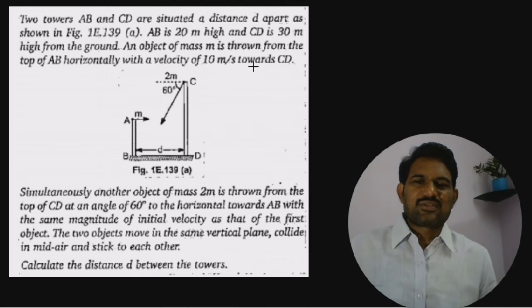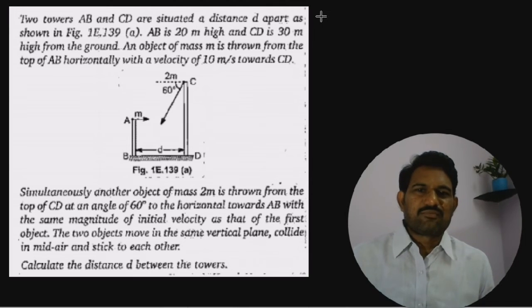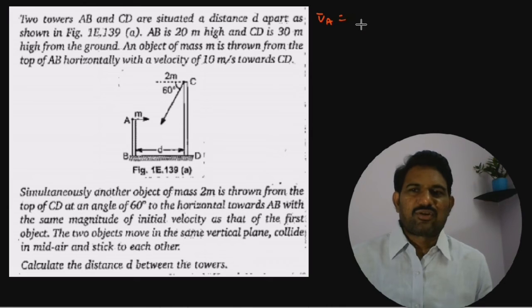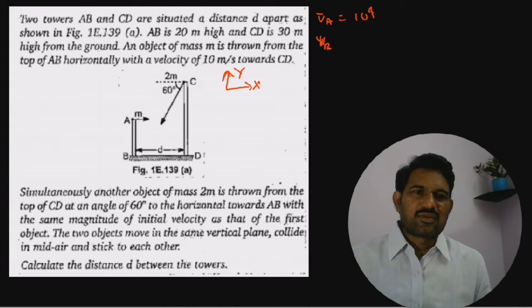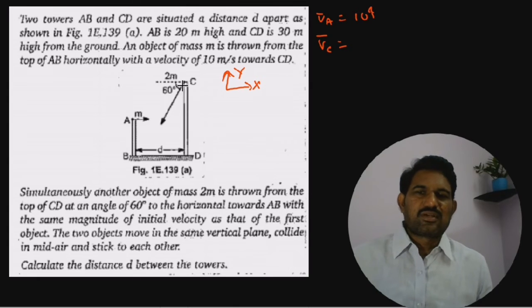So velocity of A we can write in vector form as 10 i cap. This is the usual coordinate system I am taking here, this is x and y. And now this is the velocity of C. Let us resolve this into components.